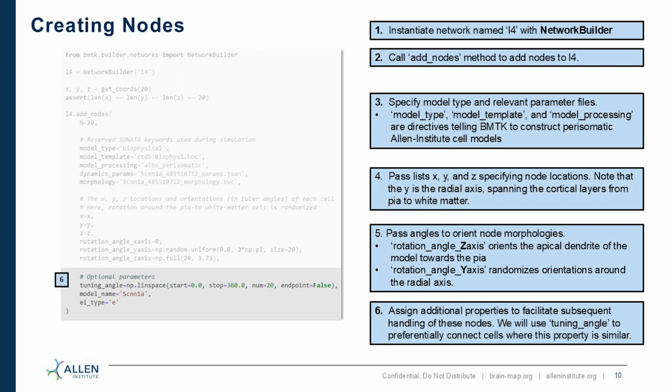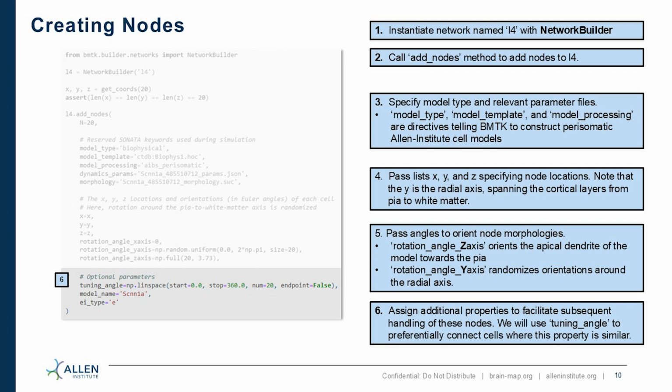So the idea here is that this network that we're creating is meant to be a sort of toy model of the visual system, and these cells have preferential responses to moving gratings oriented in different directions, for example. And so to wire up our network in such a way that these sorts of properties might emerge, we assign these properties that we then use in our wiring up of connections.